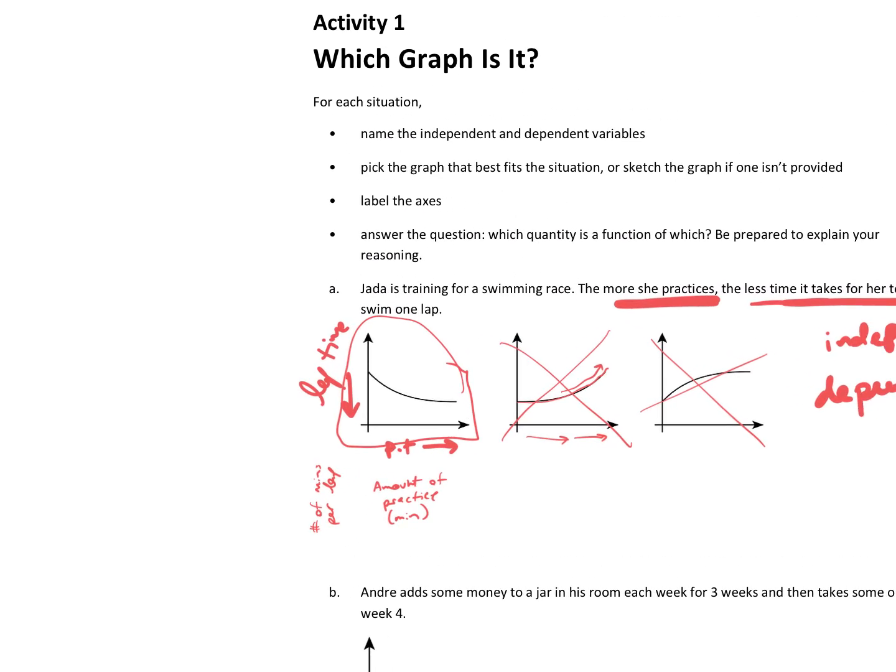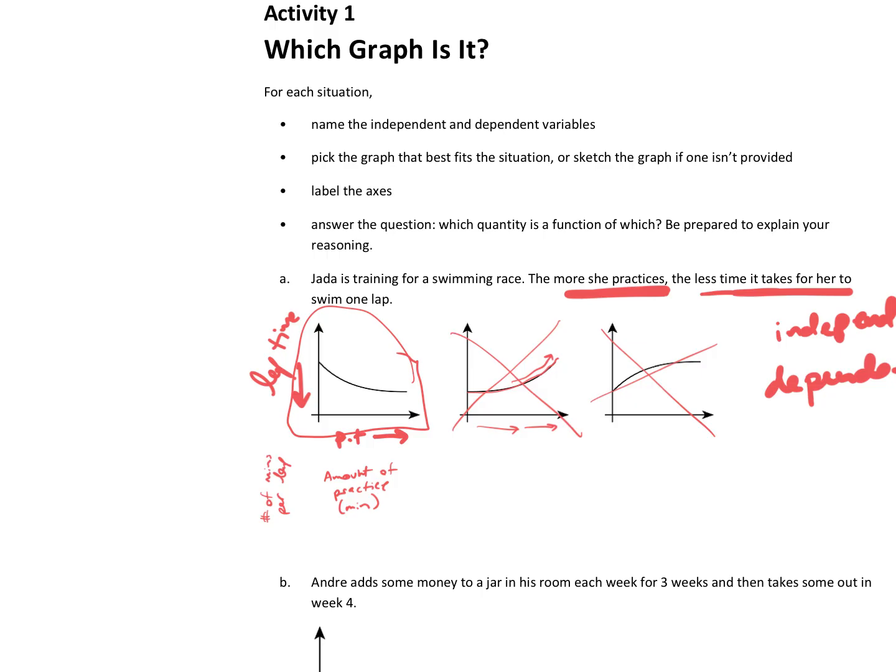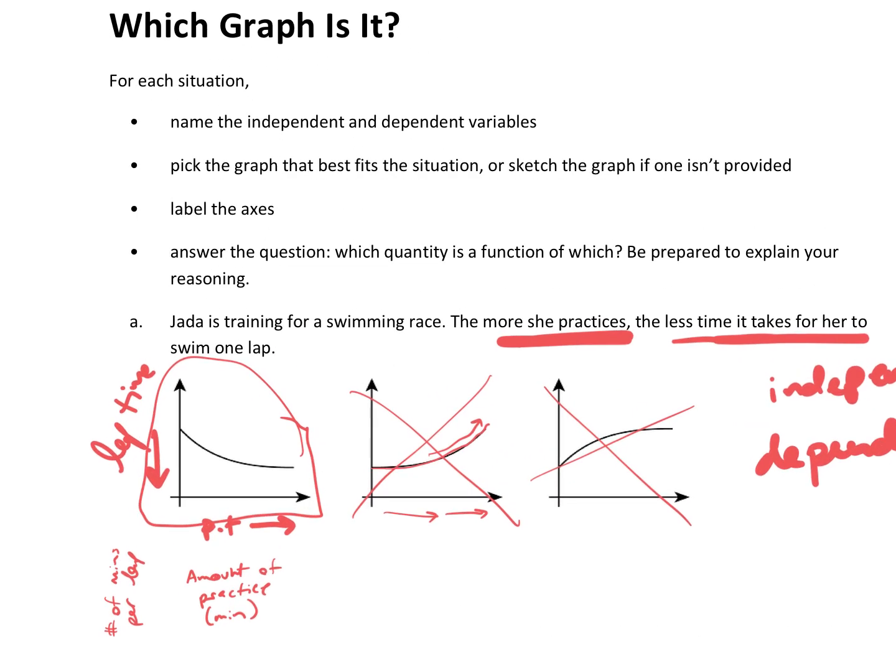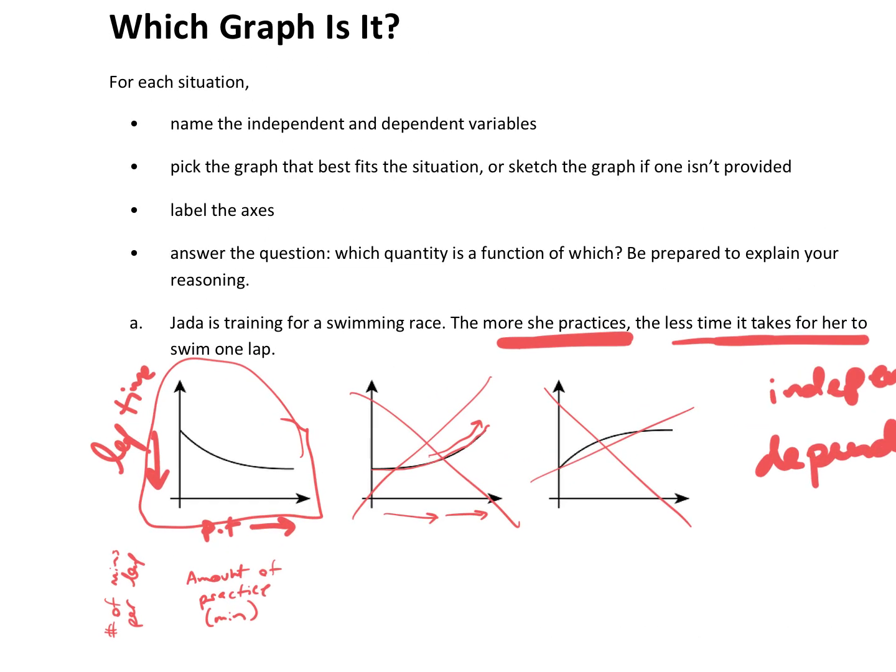And then it has you answering the question, which quantity is a function of which? Be prepared to explain your reasoning. So just remember, when we're talking about a function of another, a variable is a function of something else. The easiest way to always remember is that output is a function of input.